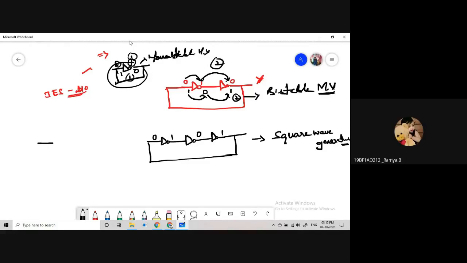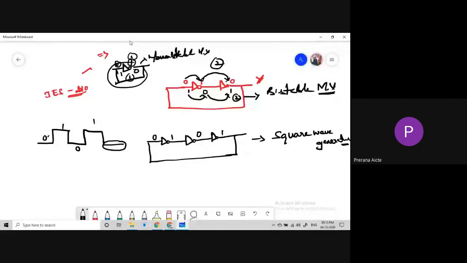So it goes to the high position up to a certain level, and then we apply another NOT gate, and it goes to low, 0. So 0, 1, 0, 1.